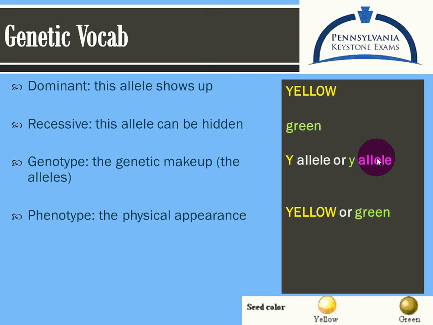When we describe the genotype of an organism, we can also throw out these two words. We have homozygous. So homo, that prefix means the same. So what happens in the case of a homozygous individual, they have two of the same allele. The reason we have two is because you get half from your mom and half from your dad. So you get one set from mom, one set from dad, so you get two sets.